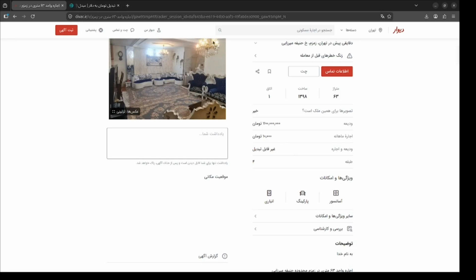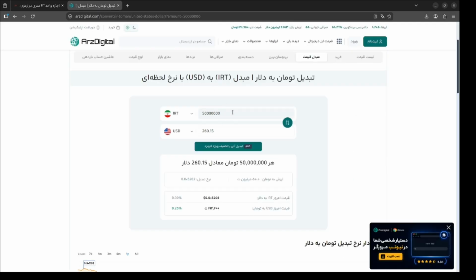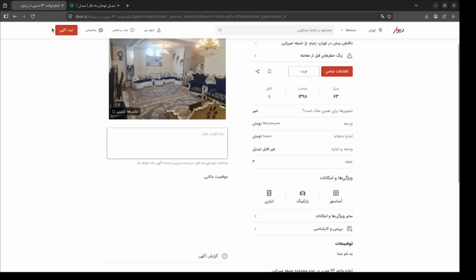Let's first calculate it. It's 700 million tomans, and it's equal to $3,642 for the deposit. You just pay that amount, and you don't need to pay anything else.